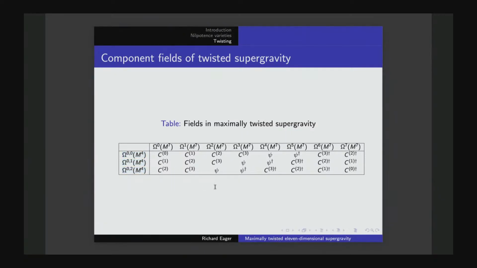And so you can go back and see, in fact, that only parts of the three-form ghost system survived, and that parts of the Rarita-Schwinger field survived, and their anti-fields.